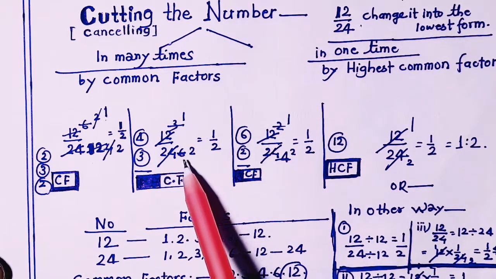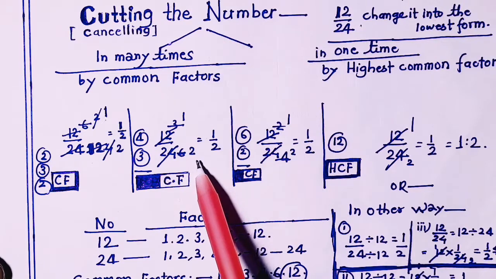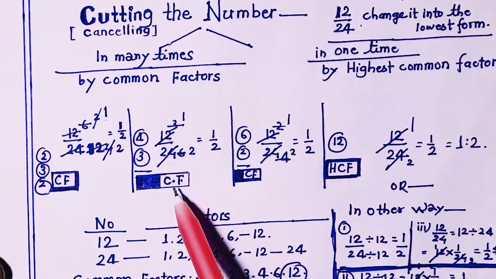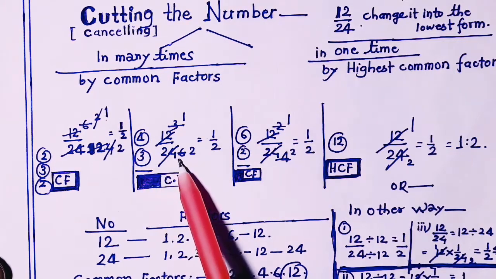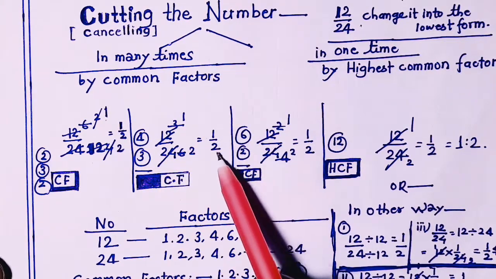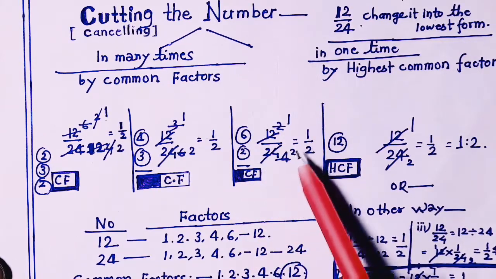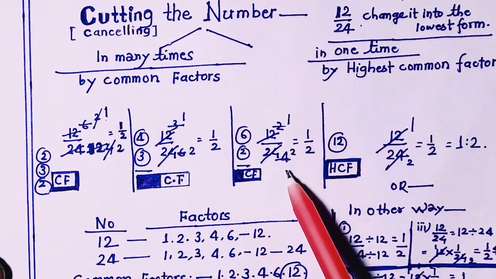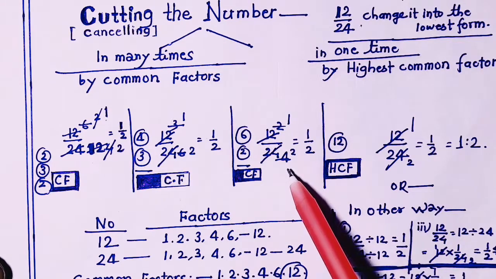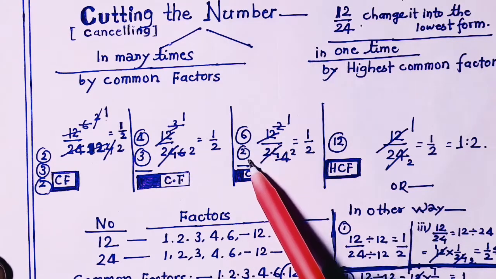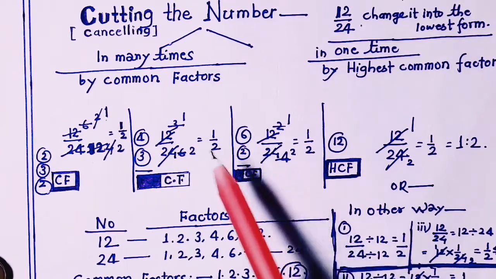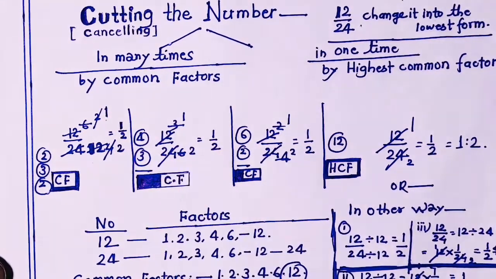Similarly, this example also shows that the number can be cancelled by their common factors, 4 and 3. The result is 1 by 2. And in this example, it is also shown that the number can be cancelled by their common factors 6 and 2. So it takes much time, in many steps.